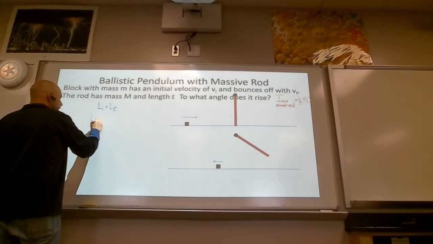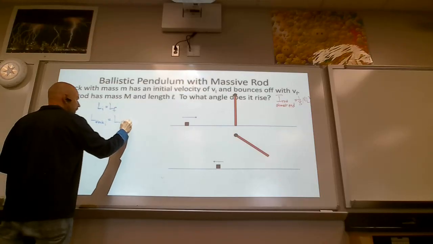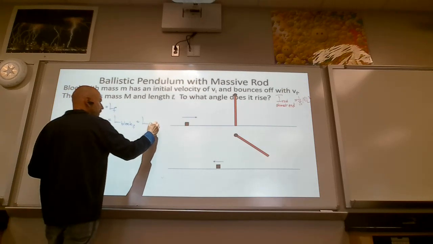L of the block initial is equal to the L of the block final plus L of the rod.